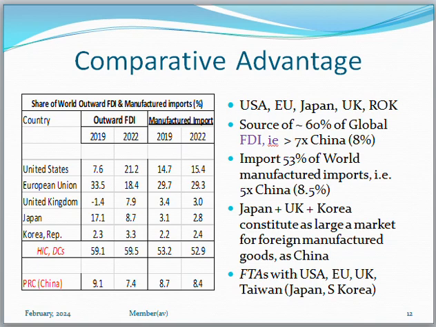They import 53% of the world's manufactured imports, i.e. 5 times China. And just Japan, UK and Korea, the smallest of those, constitute as large a market for foreign manufactured goods as China. So this fascination with China has kept us from thinking about where the real opportunity is.